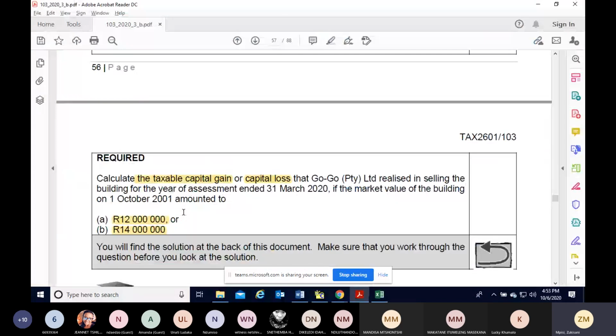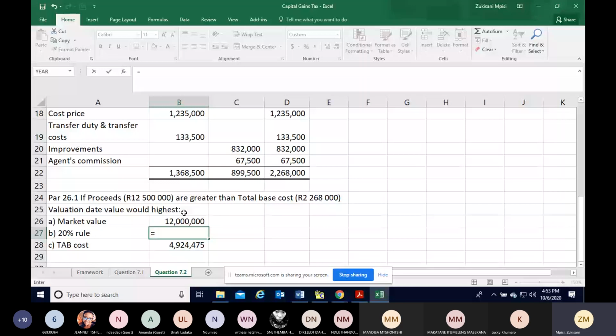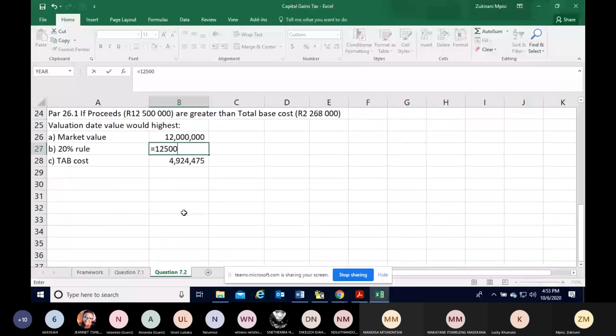20% rule. The 20% rule says it is the adjusted proceeds less allowable cost as incurred on or after the 1st of October. So in this case, what is the adjusted proceeds? 12,500,000 less 899,500.